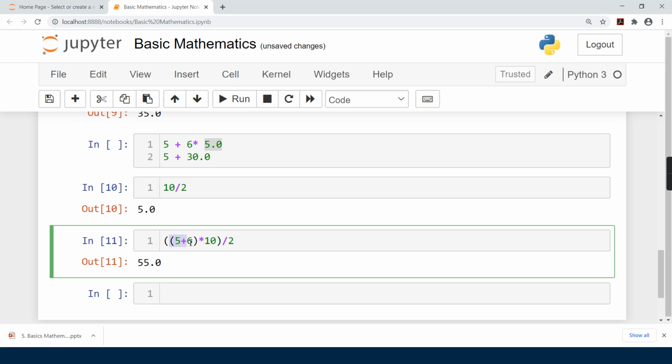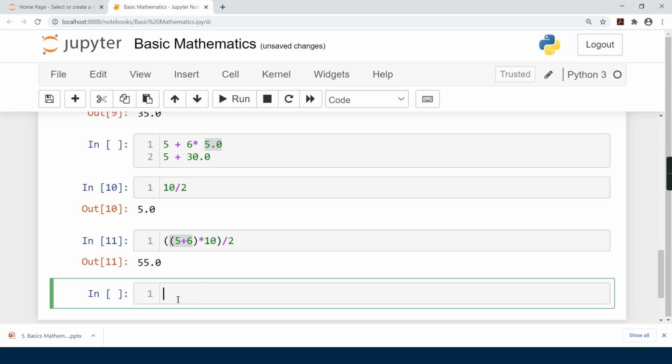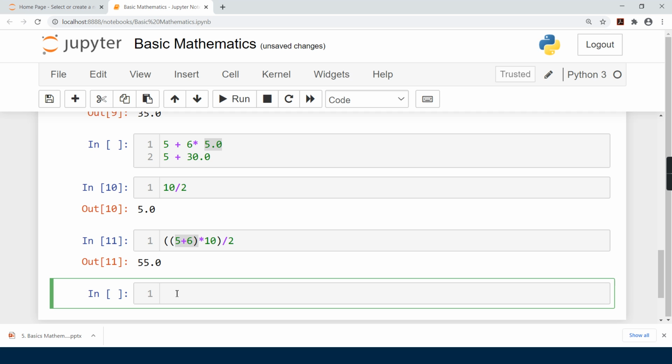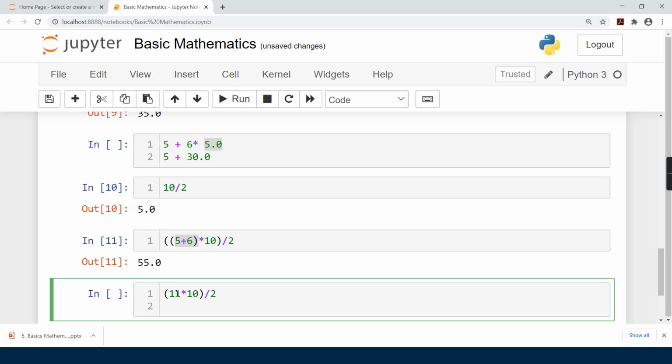Okay, so let's see what has happened here. 5 plus 6 is 11. Because we have two braces here, the innermost brace is executed first. So we have the value as 11 times 10, and then it is being divided by 2. The next step is nothing but 110 divided by 2, and that is 55.0.